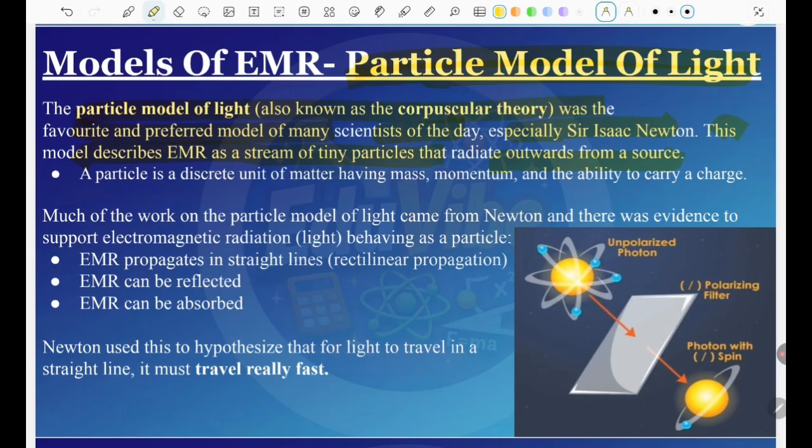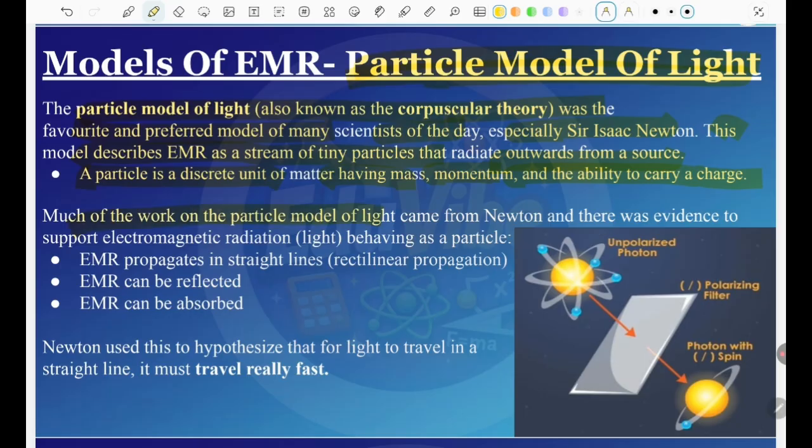What they said is that EMR is a stream of tiny particles that radiate energy outwards from the source. These particles are discrete units of matter having mass, momentum, and the ability to carry a charge.